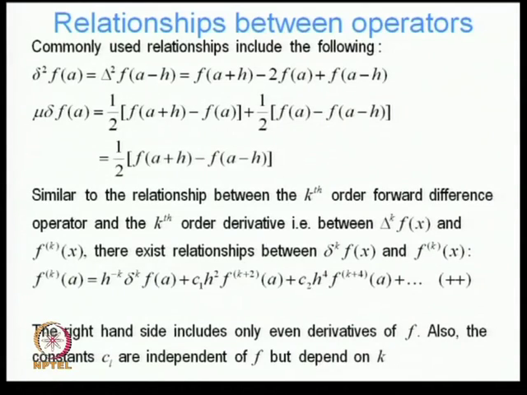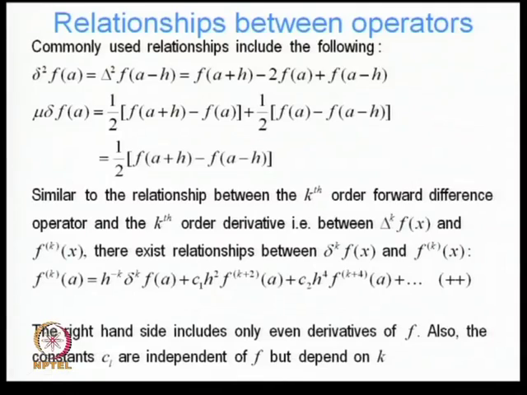It is equivalent to applying the forward difference operator 2 times on f at a minus h, and it can be shown that this is equal to f of a plus h minus twice f of a plus f of a minus h. Similarly, if I have a function evaluated at a and I apply successively on that function first the central difference operator, then the average difference operator, I get something like this.